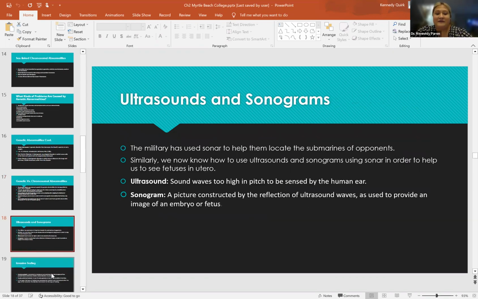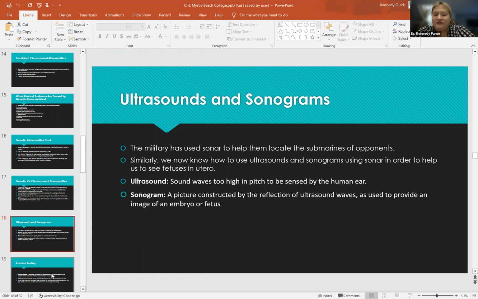So next we're going to talk about ultrasounds and sonograms. Think about this. The military uses sonar oftentimes to help them locate submarines of their enemies. Similarly, we can use ultrasounds and sonograms to help us see fetuses in the utero, in the fluid in the utero. So what exactly is an ultrasound?